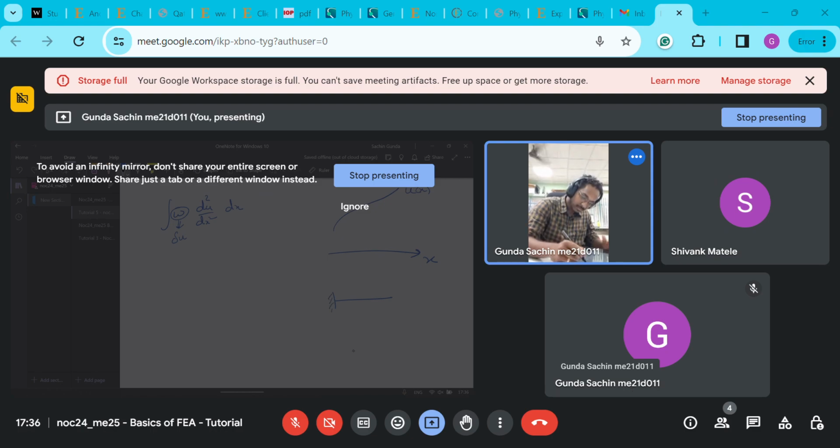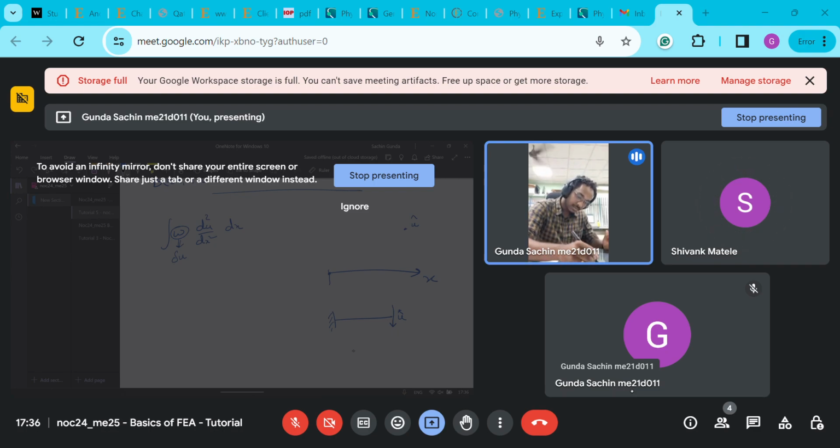Let's say you have this x and any arbitrary u of x, especially for this bar problem, and we applied some displacement U cap at this end.